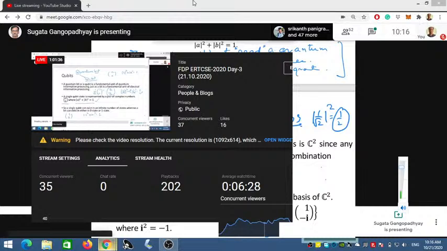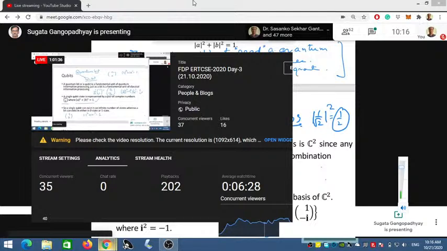Say my quantum state is ket 0, but my basis is this. Then what I have to do is, ket 0 is 1 0, and this basis is given in this way.